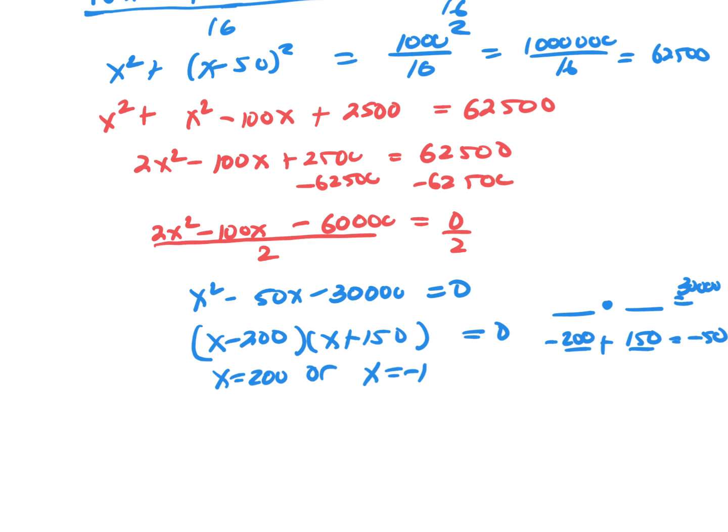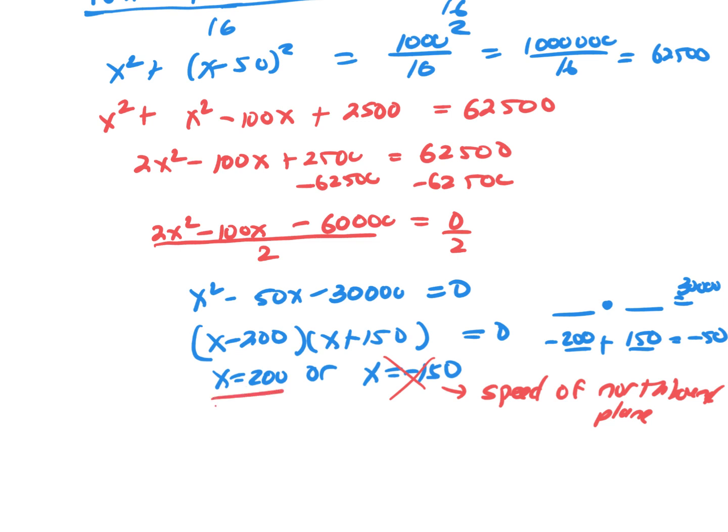The negative 150 doesn't make sense in this context because that was the speed of the northbound plane. Here in this context, speed is going to be positive.